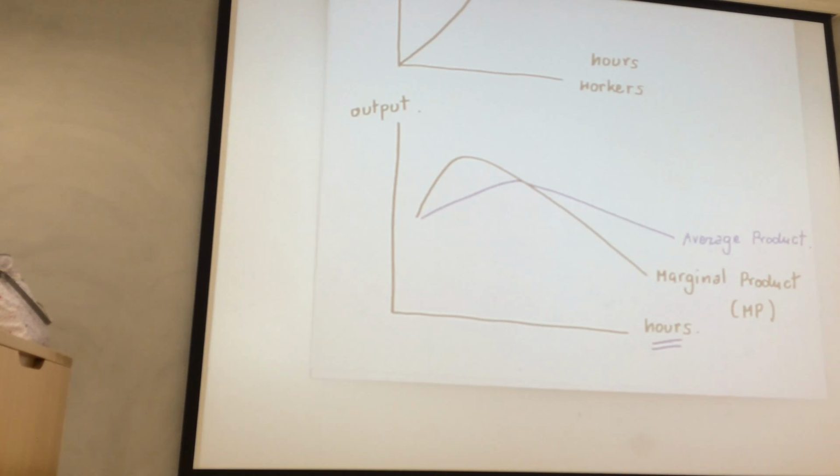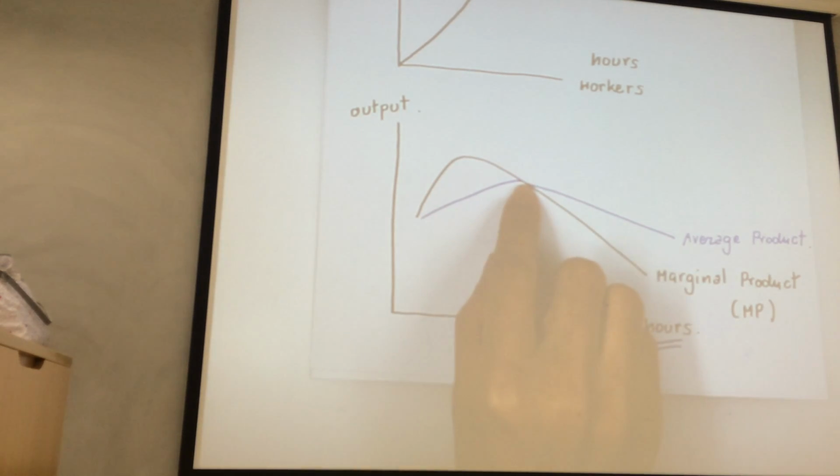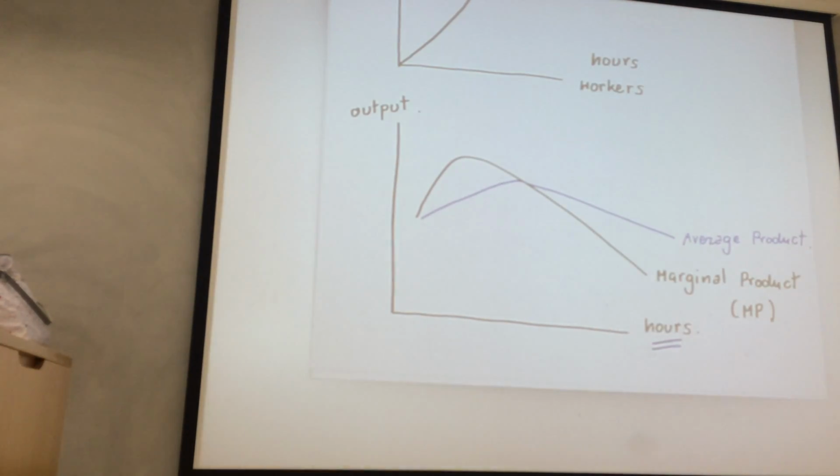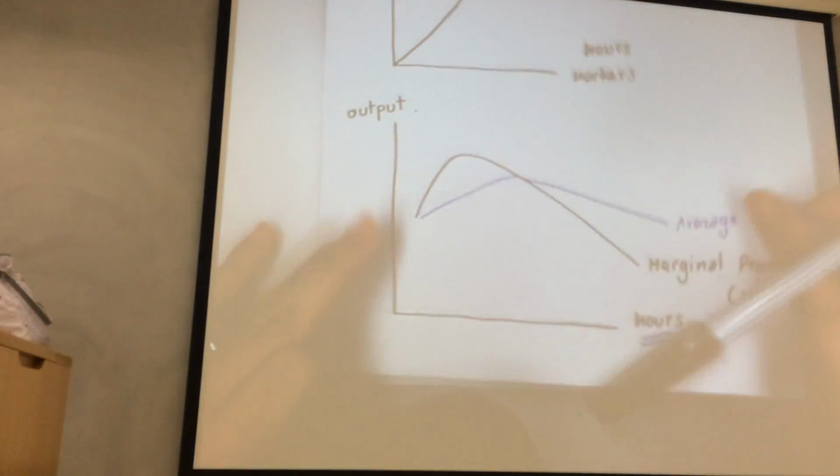When you keep the other input fixed, you will see that the highest point of average product is right here, where average product and marginal product intersect one another. Why is that the case? Well, technically, what is the average product? This is a repetition of your microeconomics too, I'm sorry.